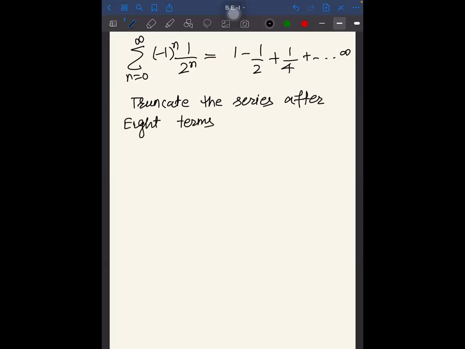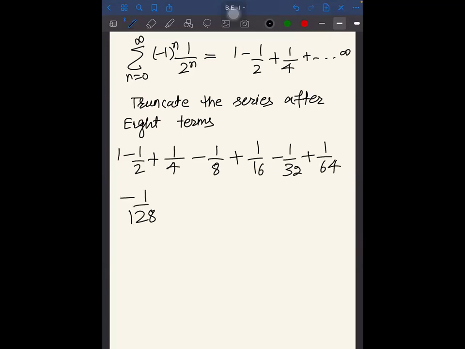So let's count the terms: first, second, third, fourth, fifth, sixth, seventh, eighth, and this is ninth. So we'll keep only these terms in the picture.